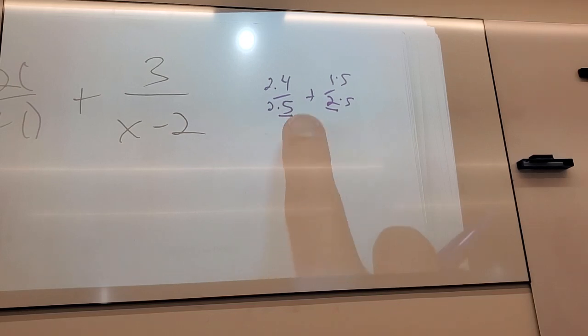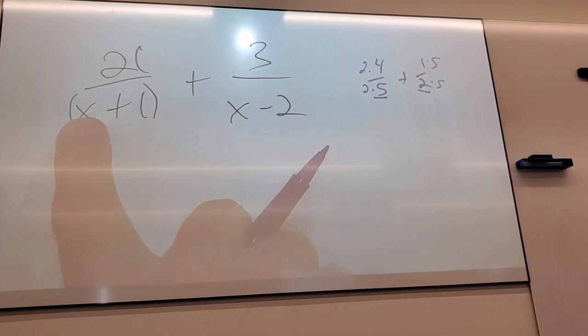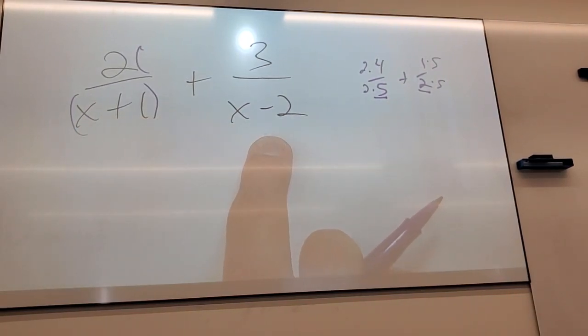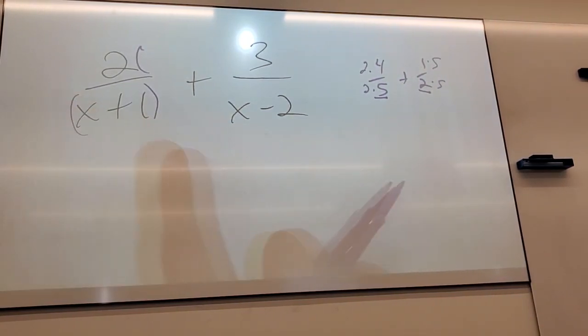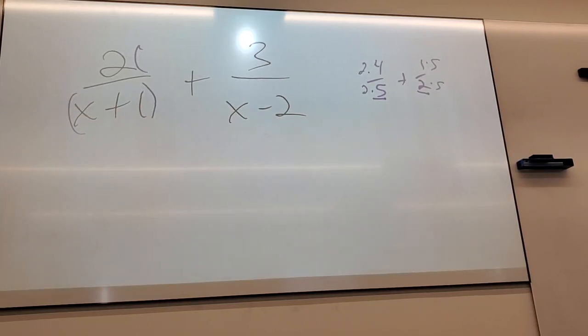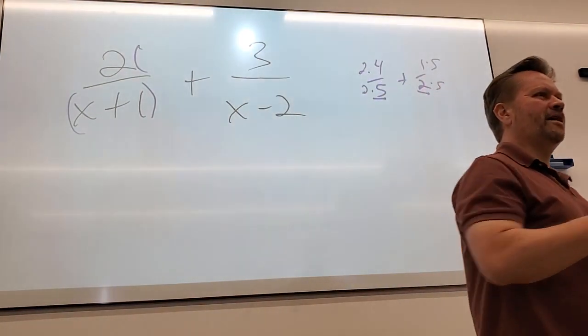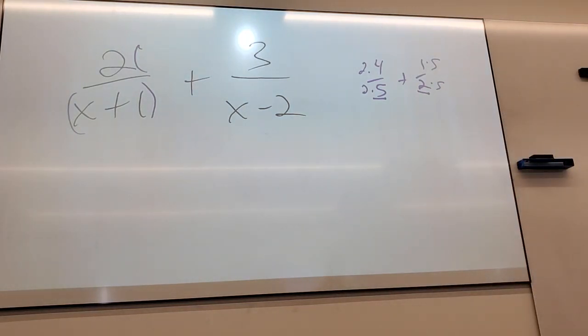Whatever you need to make the bottoms the same. So here, very obviously, what is x plus 1 missing compared to this guy? X minus 2. Beautiful. Do either of these bottoms have an x? Nope. One has an x plus 1, the other has an x minus 2. If x is 3, isn't that first thing 4 on the bottom?